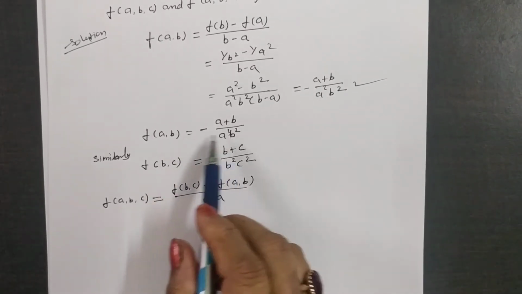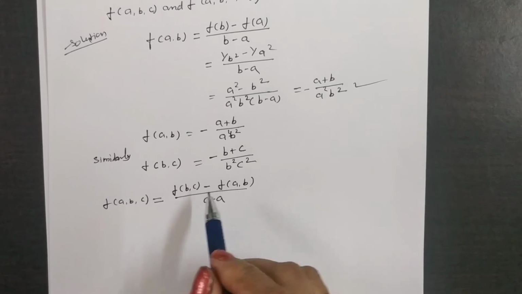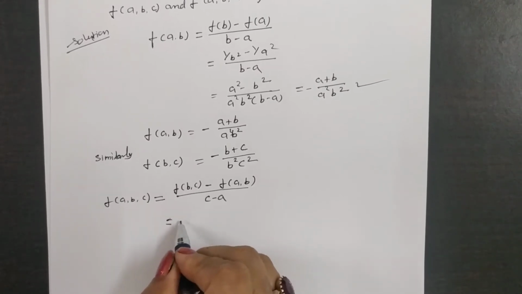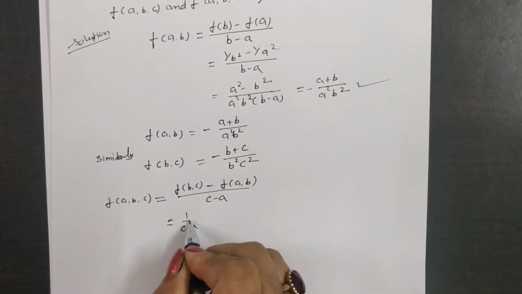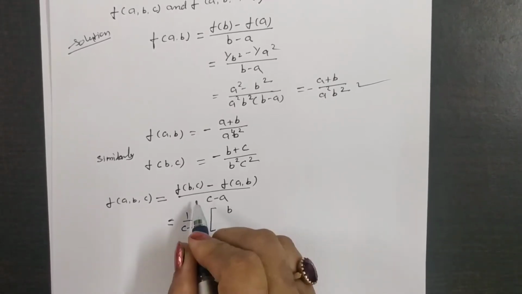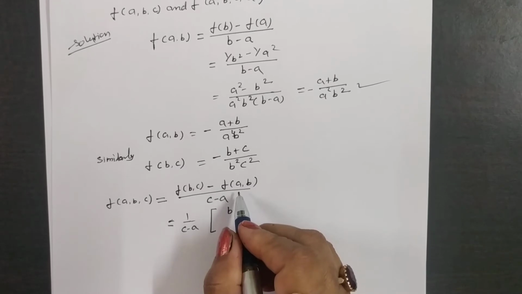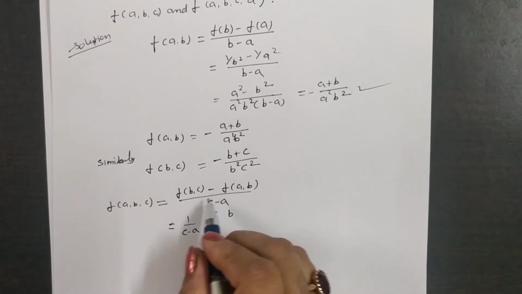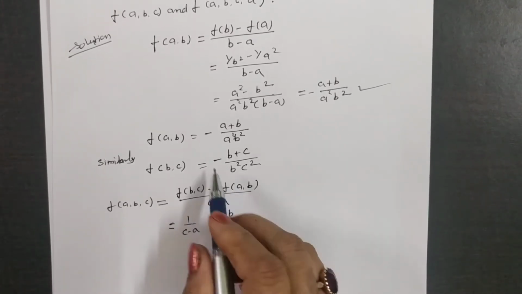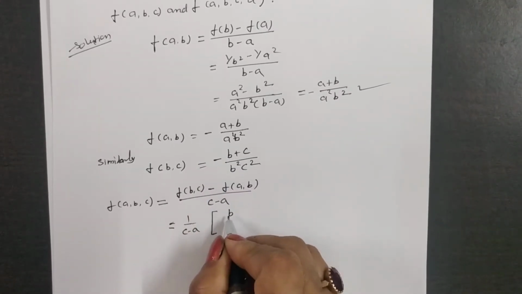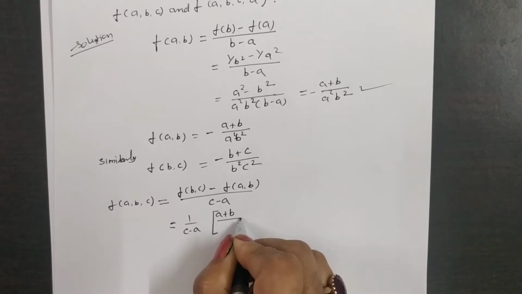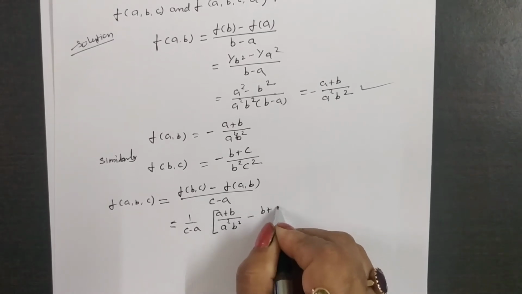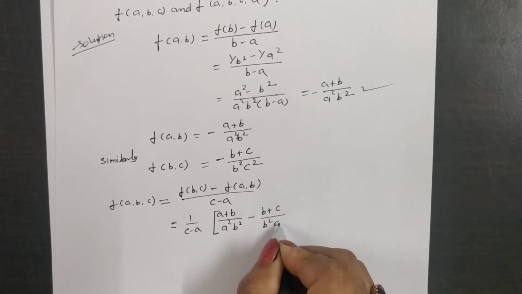Now substituting all the values of f[b,c] and f[a,b], you get this minus this, divided by c minus a. This is equal to 1 by c minus a times minus of b plus c divided by b square c square, minus minus, that is plus, a plus b divided by a square b square.